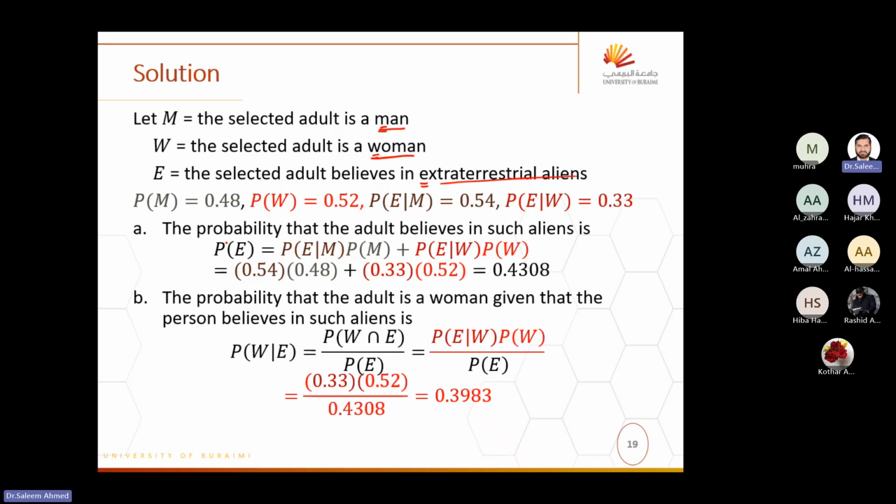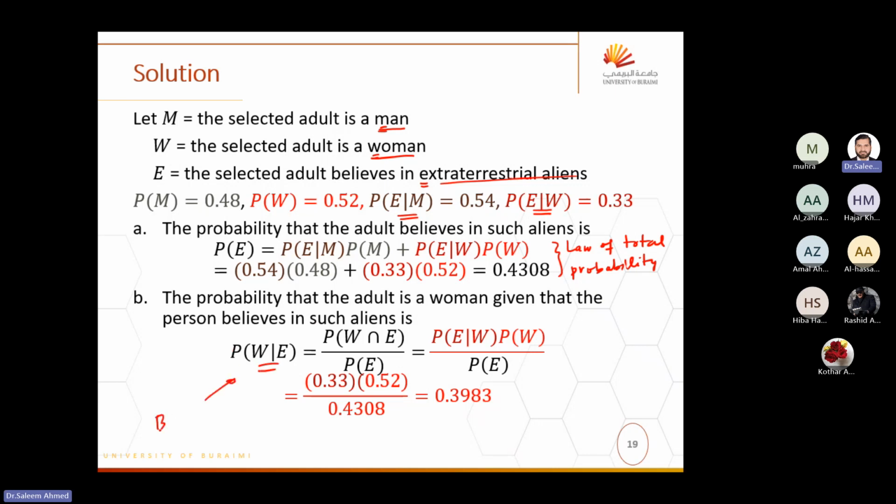So in the first one, we use the law of total probability. So I can write that here. This is the law of total probability. That is the first part of this lecture. And then here we use Bayes law, because what is given is E given M, E given W. If they ask me any of these opposite, then I have to use the Bayes rule for that.